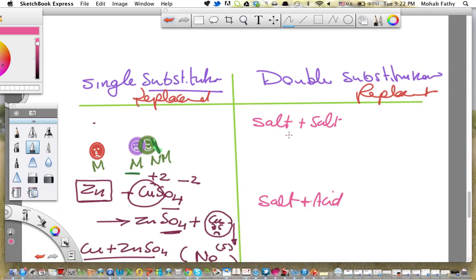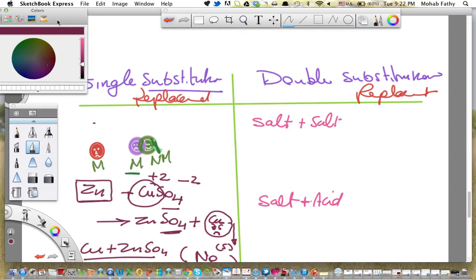What does salt mean? For example, I'll give you an example of salt, like sodium chloride, plus another example of salt, say CuS. Actually, it's written in the right way because I did the balance in my head: positive 1, negative 1, positive 2, negative 2.